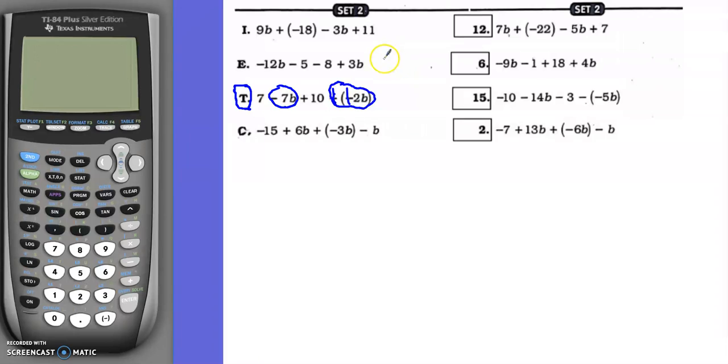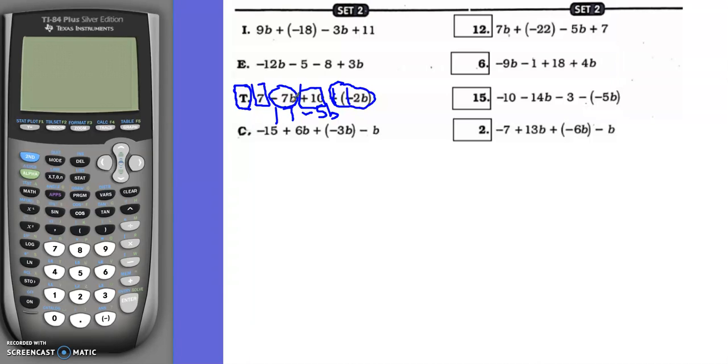A negative 7b and a 2b are now going to make a negative 5b. A 7 and a 10 are going to make a 17.